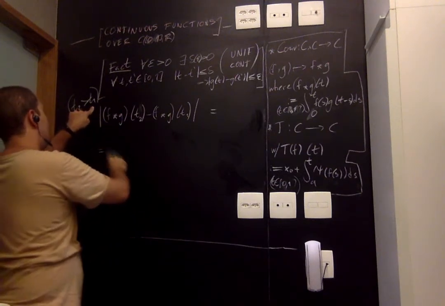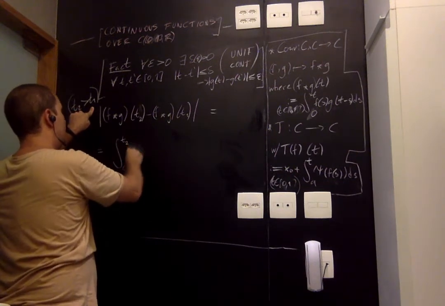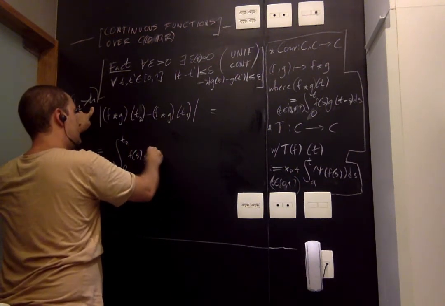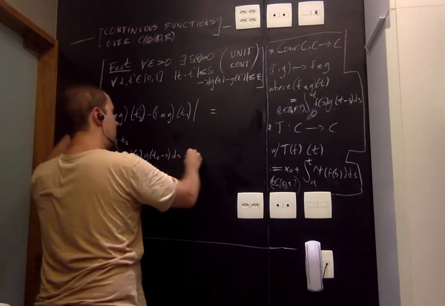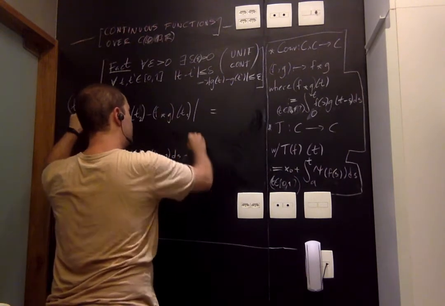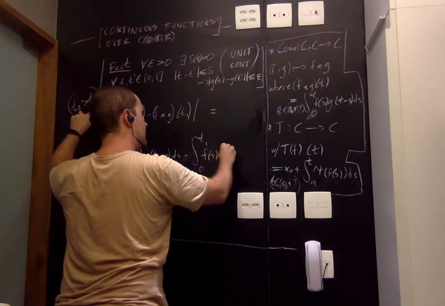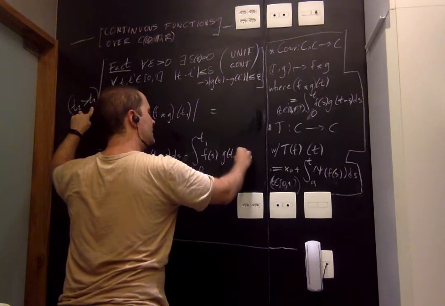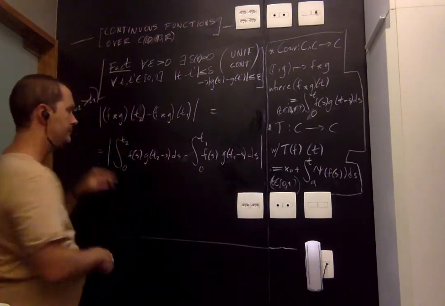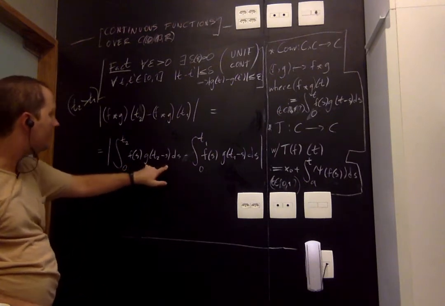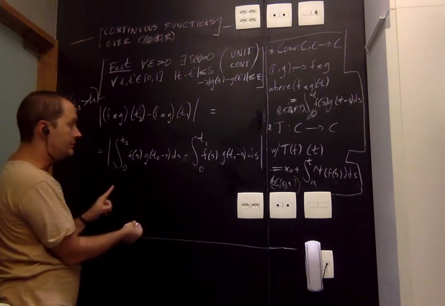Because I want to write down the two integrals. So I have an integral from 0 to t2 of f of s, g of t2 minus s ds, minus an integral from 0 to t1 of f of s, g of t1 minus s ds, absolute value of everything. Now, I want to compare these two quantities, and it's nice if I can put them both inside the same integral, right?